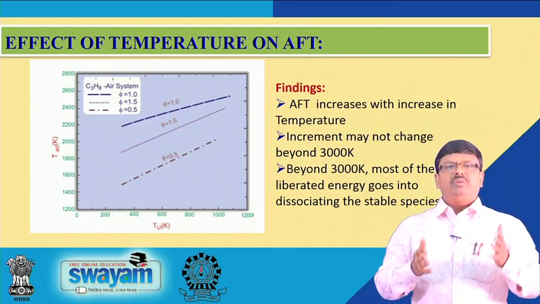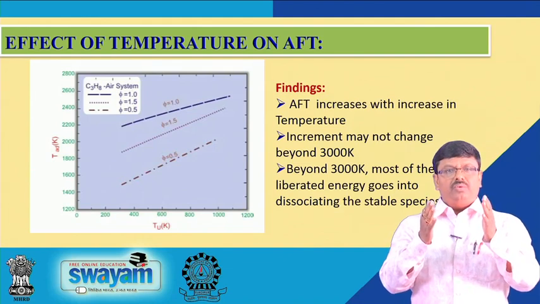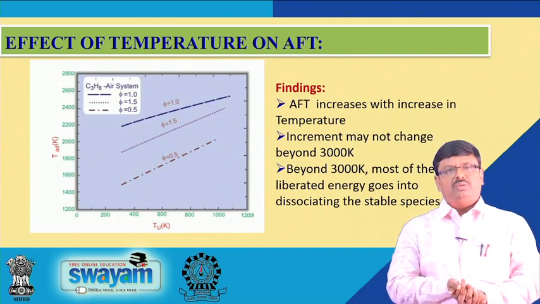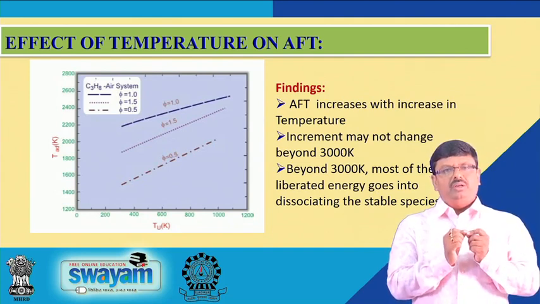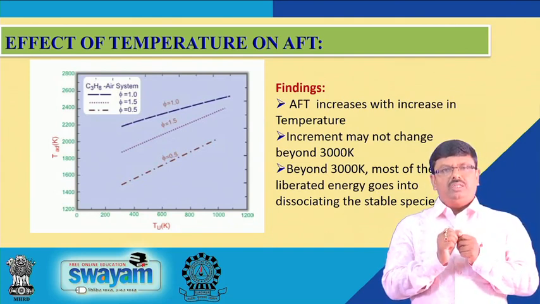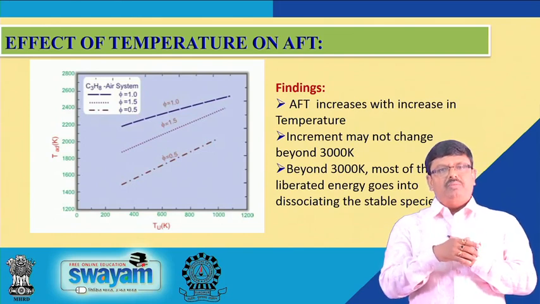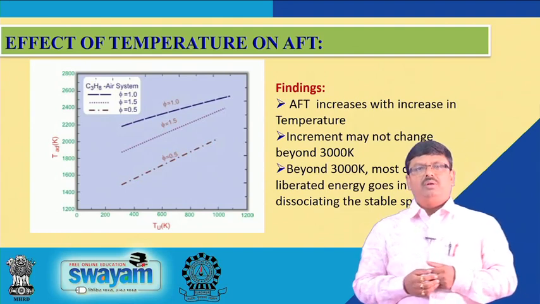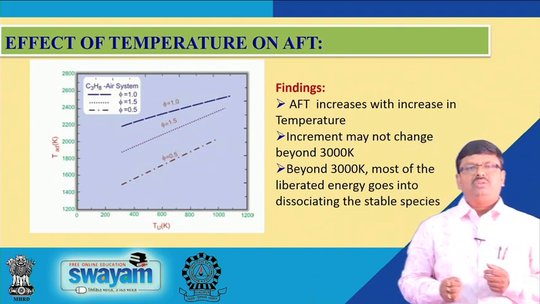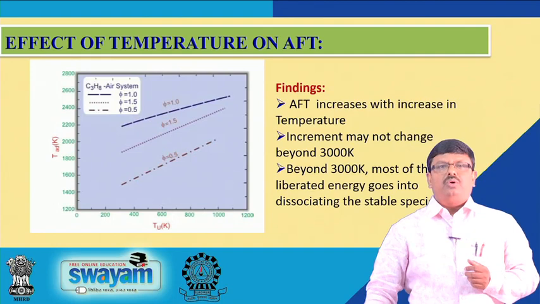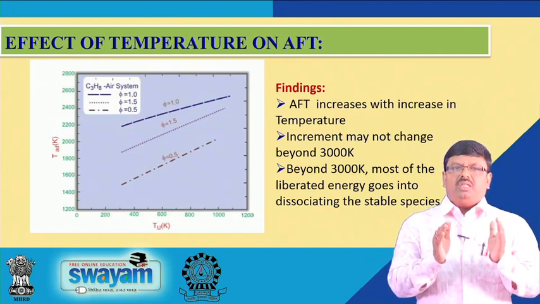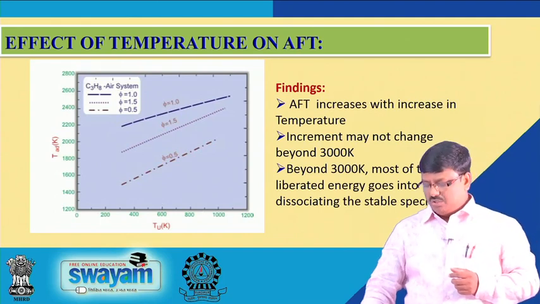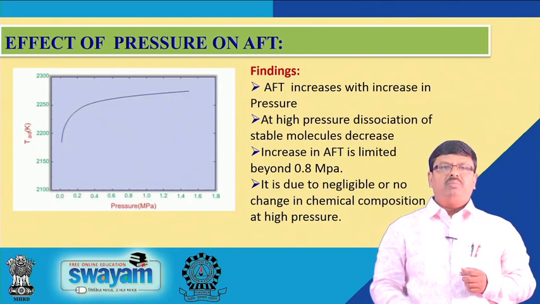When the temperature goes on increasing, the AFT goes on increasing also, though there may not be a change beyond 3000 Kelvin. Beyond 3000 Kelvin, most of the liberated energy goes into dissociating the stable species. This is a very common observation that AFT normally increases with increase in temperature. This is nothing but the influence of temperature on AFT.